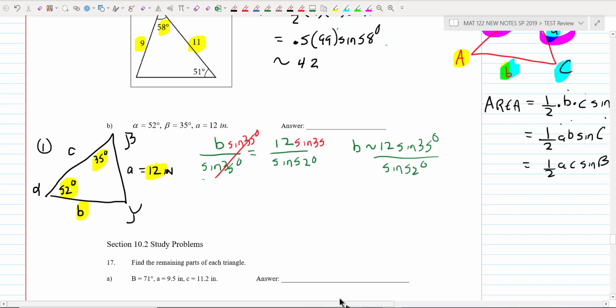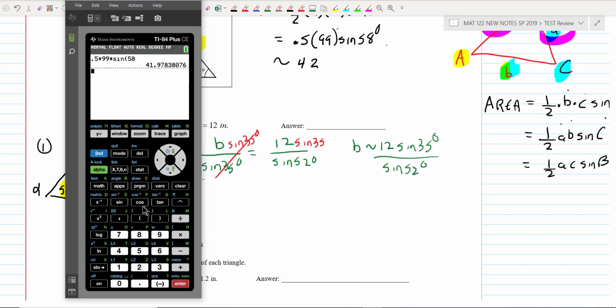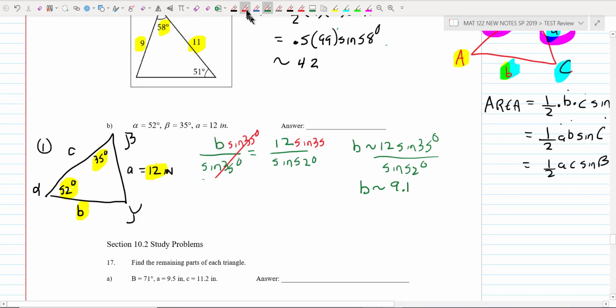I'll use the calculator to crunch that out: 12 times sine 35 degrees, and then divide by the sine of 52 degrees. That will give me that b is about, let's round to one decimal, 9.1.